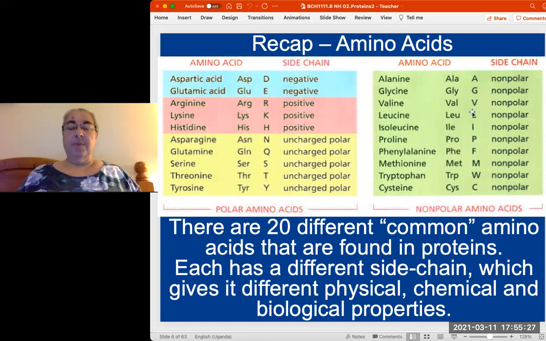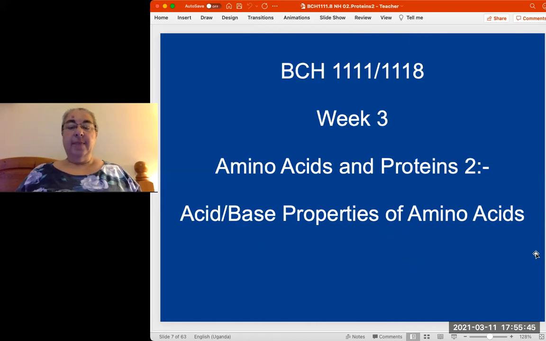So I hope you remember this diagram of the amino acids with their names, their 3-letter abbreviation, 1-letter abbreviation, and some of their properties sorted out into different groupings. Okay, so that's what we talked about last time. So today I'm going to continue to think about amino acids, but in terms of their acid-base chemistry.